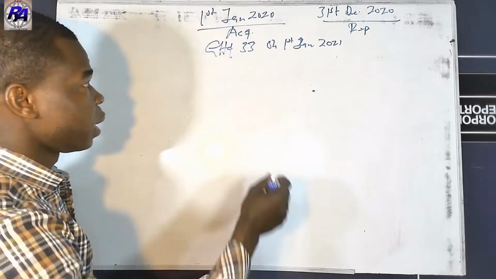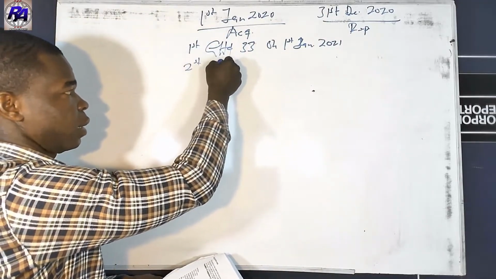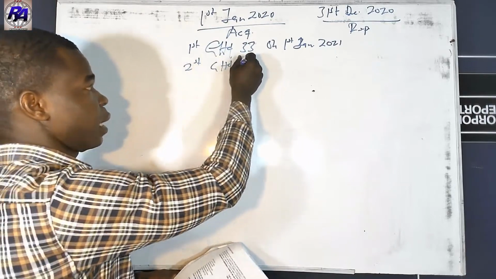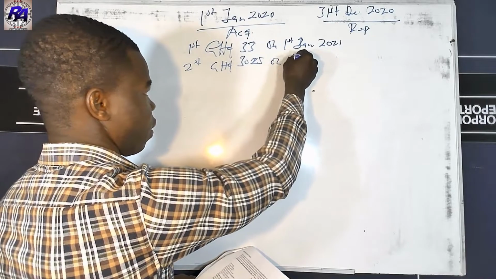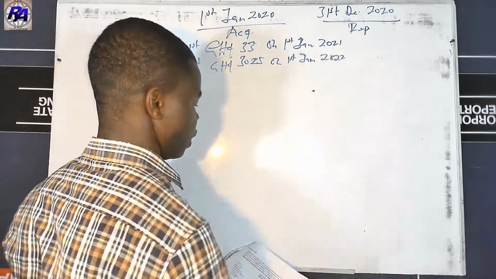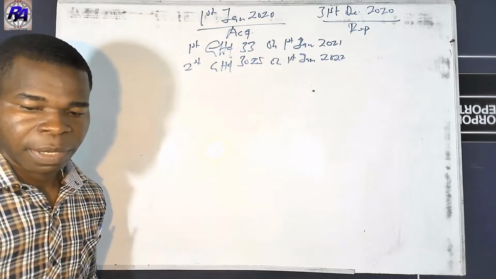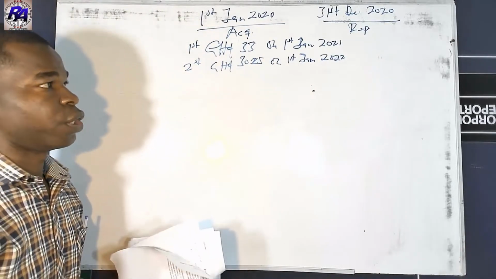And then they will make another installment of 30.25 million on 1st January 2022. So this is the information about the purchase consideration.